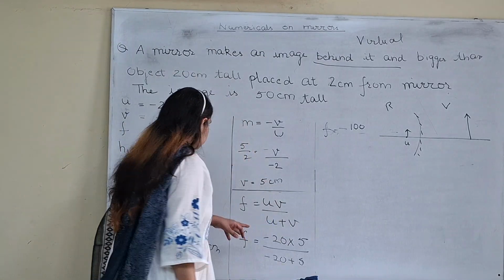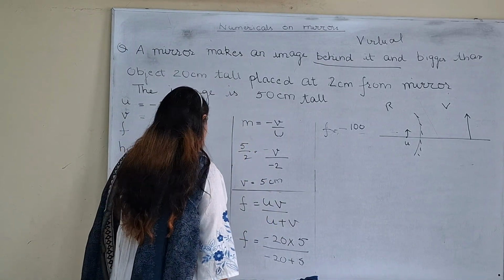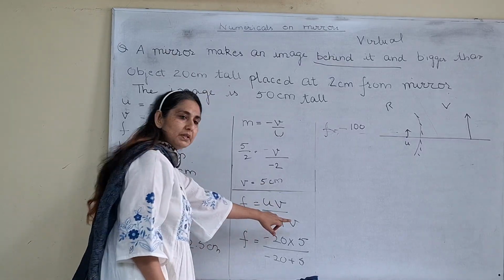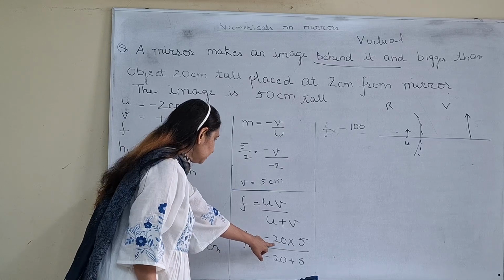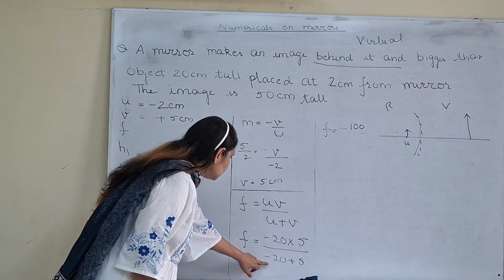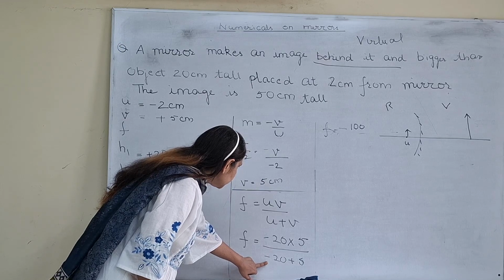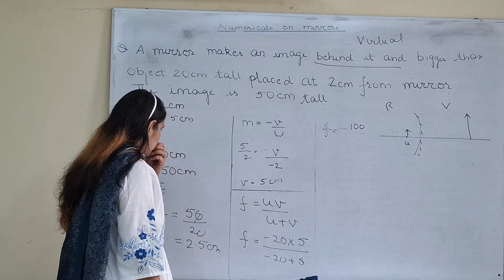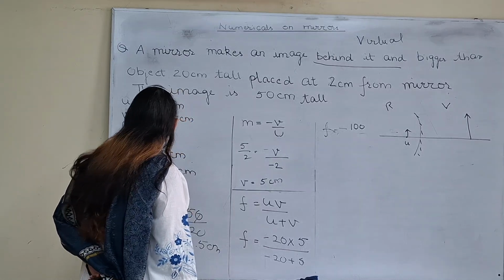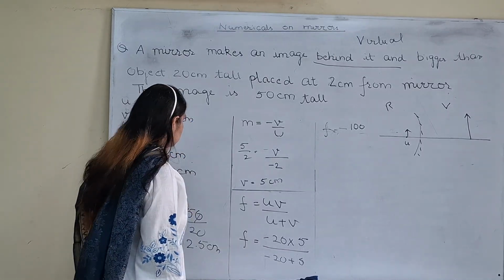Okay. Okay, 1 minute. The focal length is uv upon u plus v. For the focal length we have to find u, and v is plus 5 centimeter. u is minus 20 and v is plus 5. No. What is u and what is v?